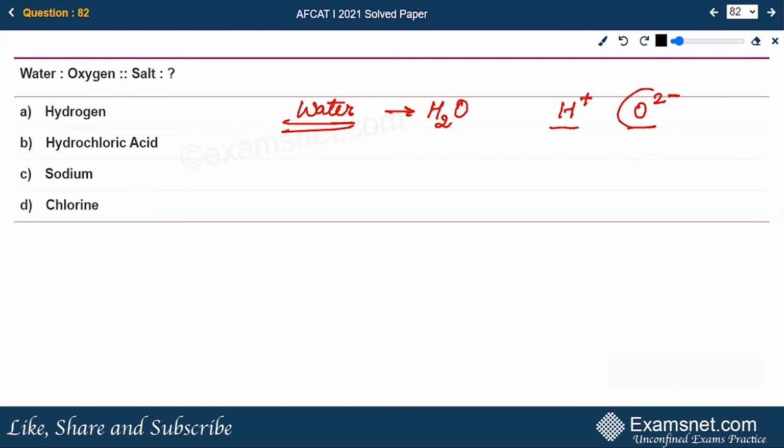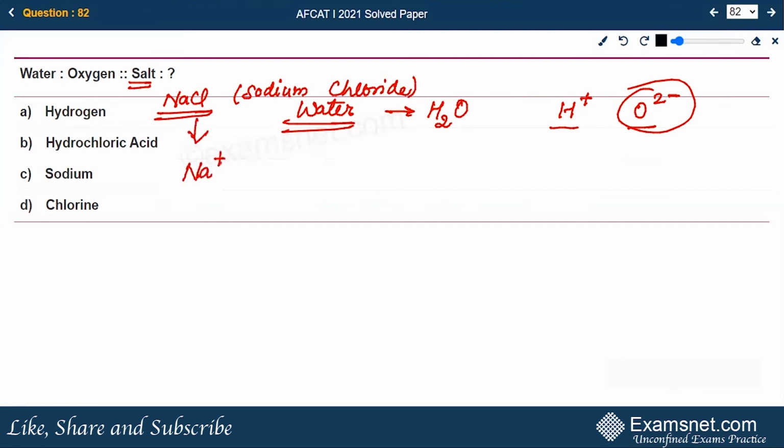So you get oxygen as the negative ion. Similarly, salt is sodium chloride. When sodium chloride is ionized, it dissociates into sodium and chloride ions. So in this case, the negative ion that is produced belongs to chlorine. So it goes to option D, chlorine.